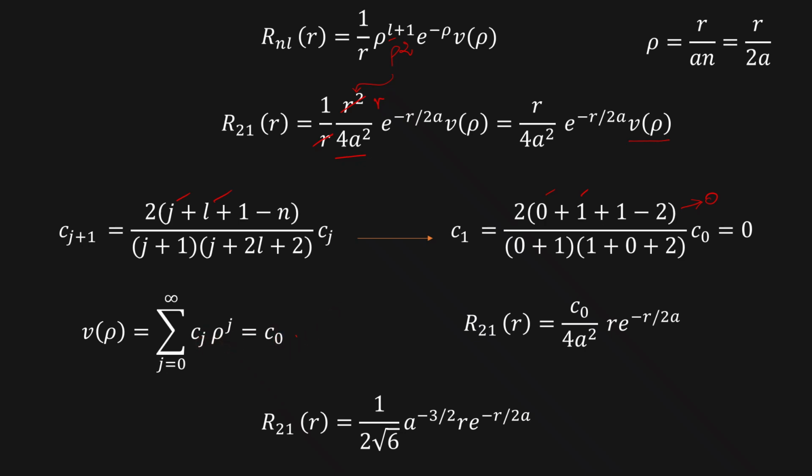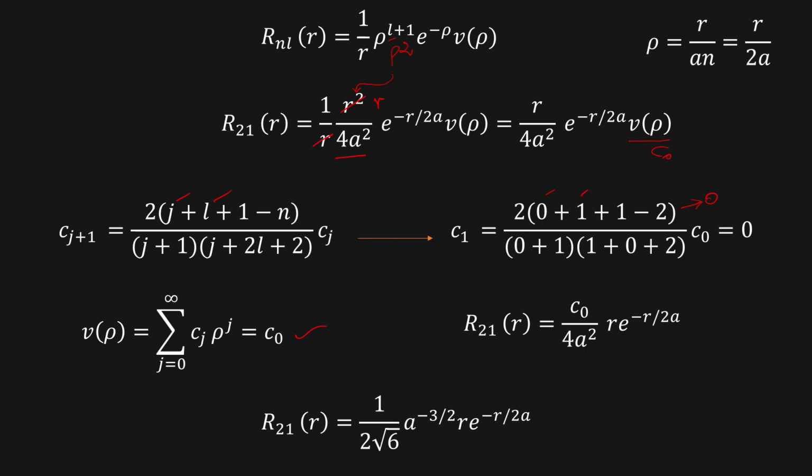So this wave function can be written as C naught over 4a squared, times R, e power minus R over 2a.